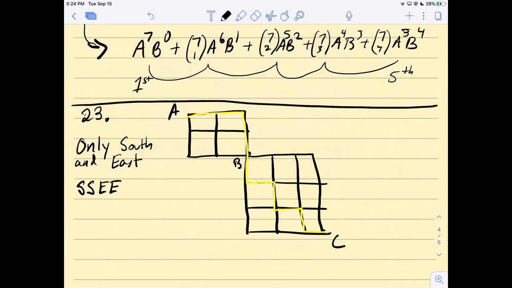So you can do south, south, east, east, and then the next one would be south, east, south, east. But how many ways are there to make a 4-letter word with 2 S's and 2 E's? Combinations, right? So this is 4 choose 2 ways to go from A to B.